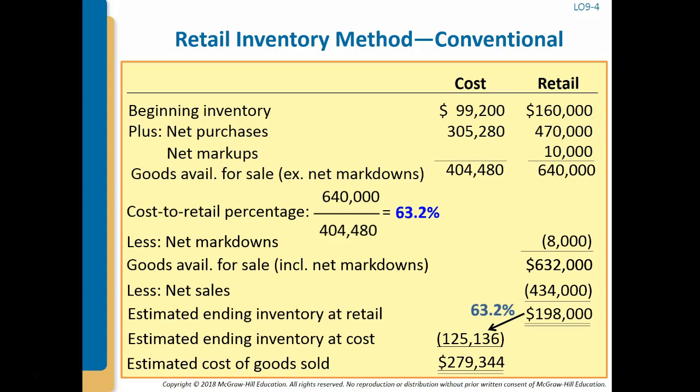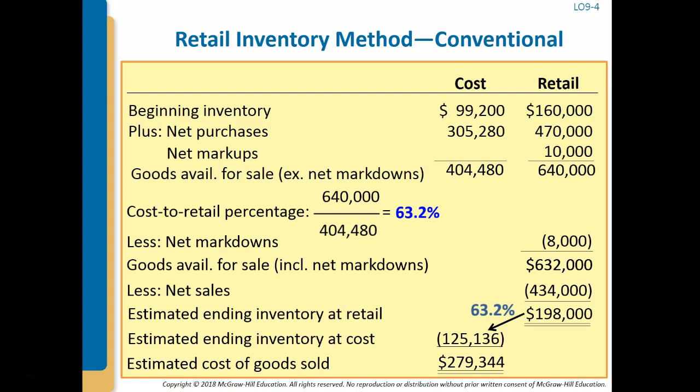To understand why this lower amount approximates the lower of average cost or market, we need to realize that markdowns usually occur when obsolescence, spoilage, overstocking, price declines, or competition has lessened the utility of the merchandise. To recognize this decline in utility in the period it occurs, we exclude net markdowns from the calculation of the cost to retail percentage.